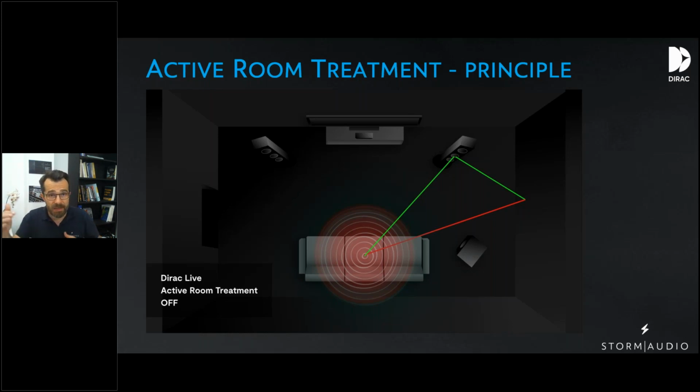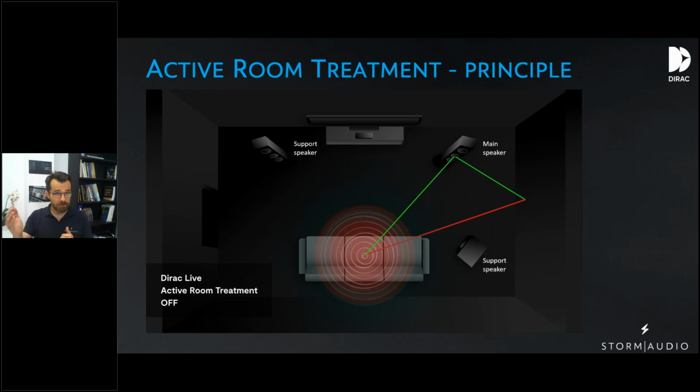That's really based on the physical dimensions of the room and the nature of the walls that will create more or less reflections. In the end, these reflections are combined with the direct sound and create a denatured sound with a sound stage that is not good, and a bass response that is completely wrong, boomy or sometimes completely uneven in the room. So these are problems that you face in the room.